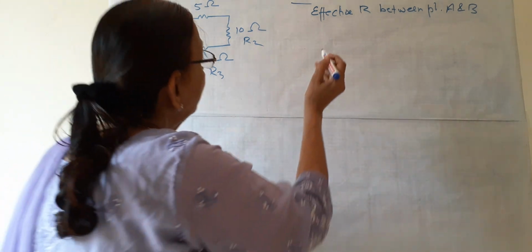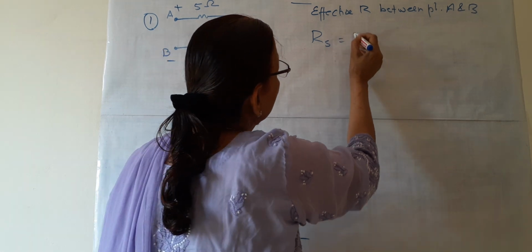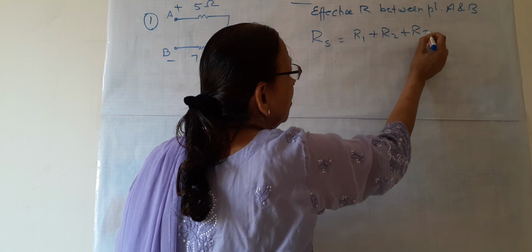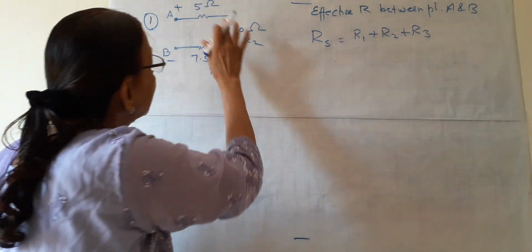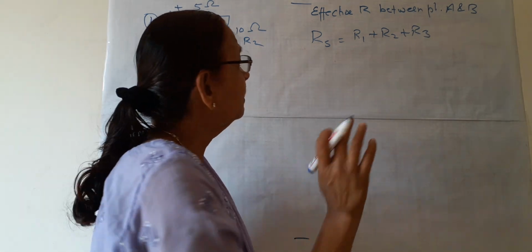So we know we have 2 formulas. If it is in series, then it will be R1 plus R2 plus R3. All of you know that. If these 3 are in series, then the total will be R1 plus R2 plus R3.